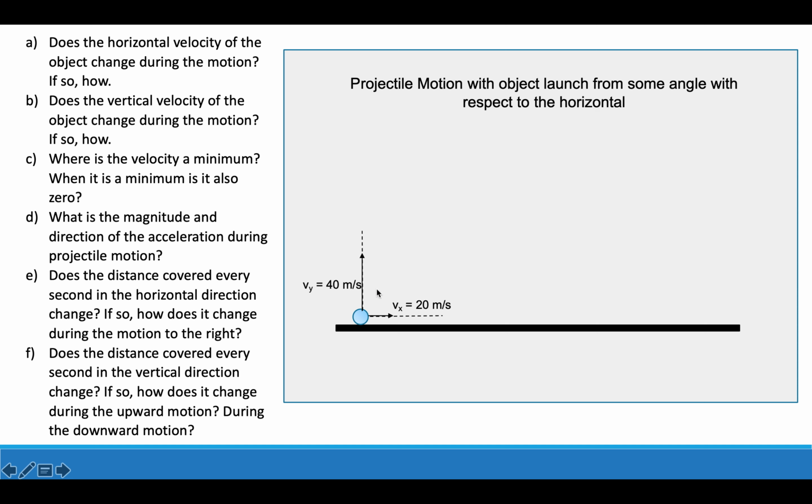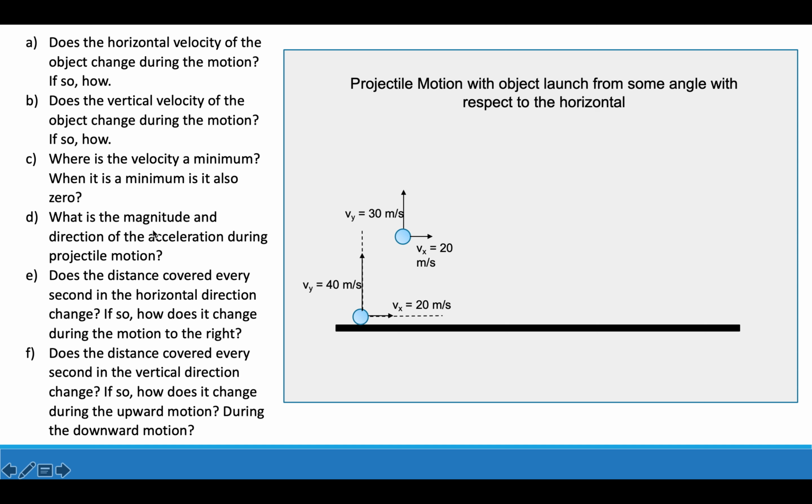Remember, it's shot at an angle here, and this is the velocity that the object has along the horizontal, and this is the velocity it has along the vertical. After 1 second, the vertical velocity has decreased by a factor of 10 because the acceleration that's present here is the acceleration due to gravity.